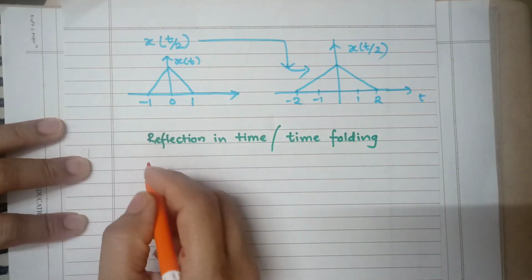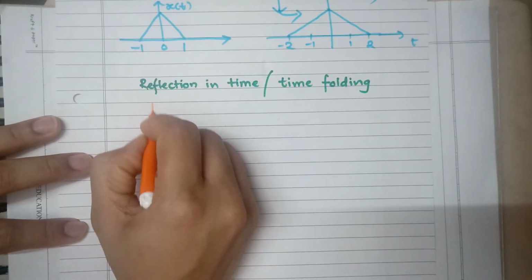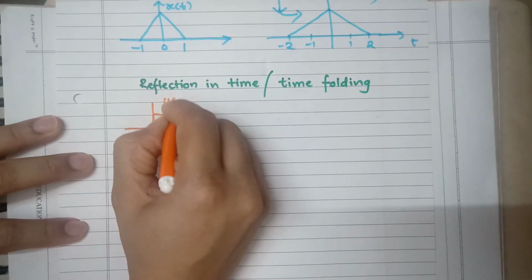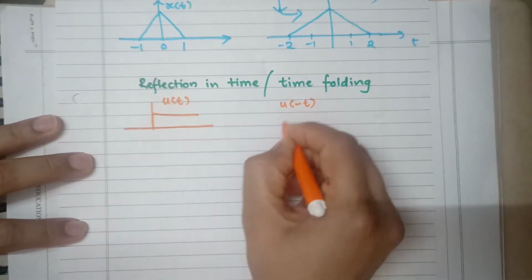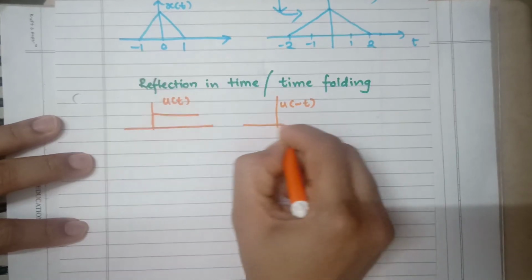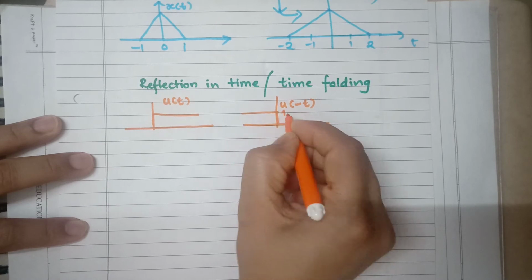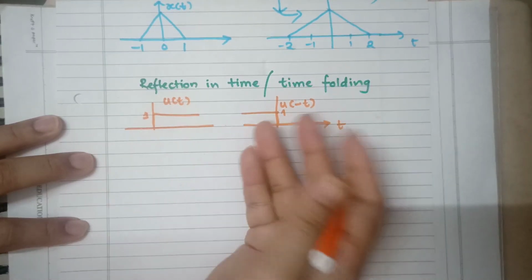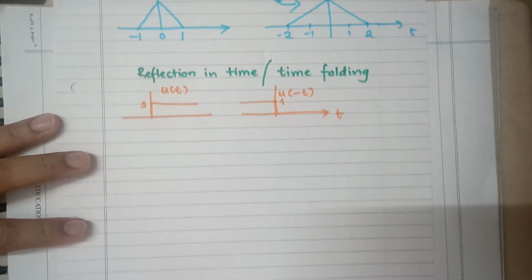So we'll take a simple signal u of t, and you'll find u of minus t as a reflection of this signal. This signal will look like this, its amplitude is 1, it's not changed. So this is u of minus t, reflected here on this side.